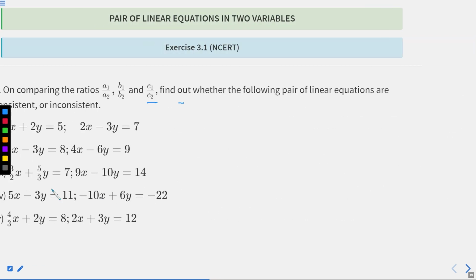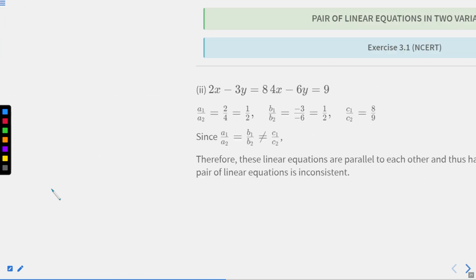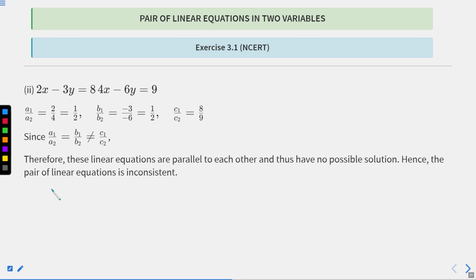Now, number 2, we have 2x minus 3y is equal to 8, and 4x minus 6y is equal to 9. So here the ratio a1 by a2 is equal to 2 by 4, that is equal to 1 by 2. And the ratio b1 by b2 is equal to minus 3 upon minus 6, and this is equal to 1 by 2.